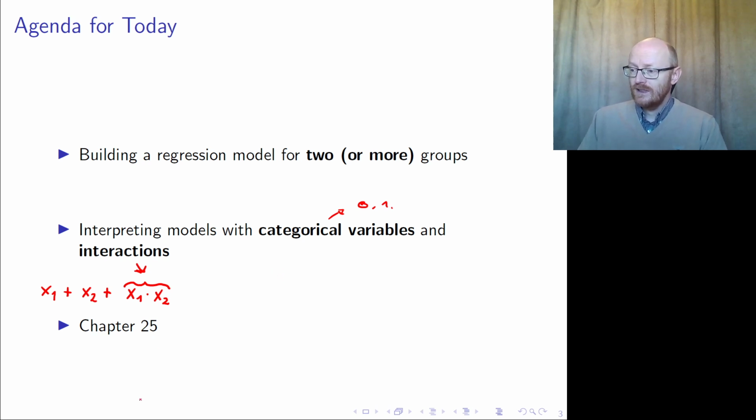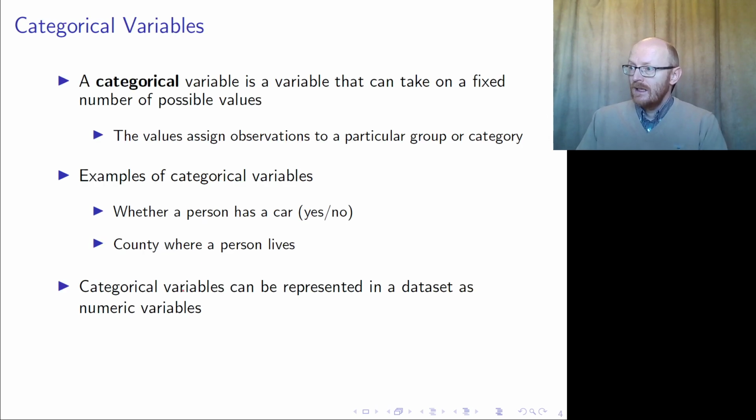So today we're covering chapter 25, and we have to define the categorical variable. It's just a variable that can take on a fixed number of values, and these values might be numerical, or they can be tags or strings.